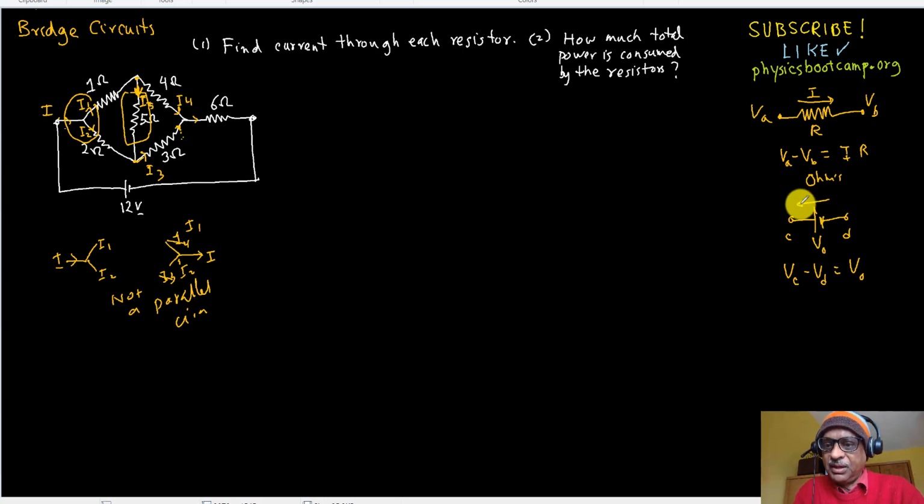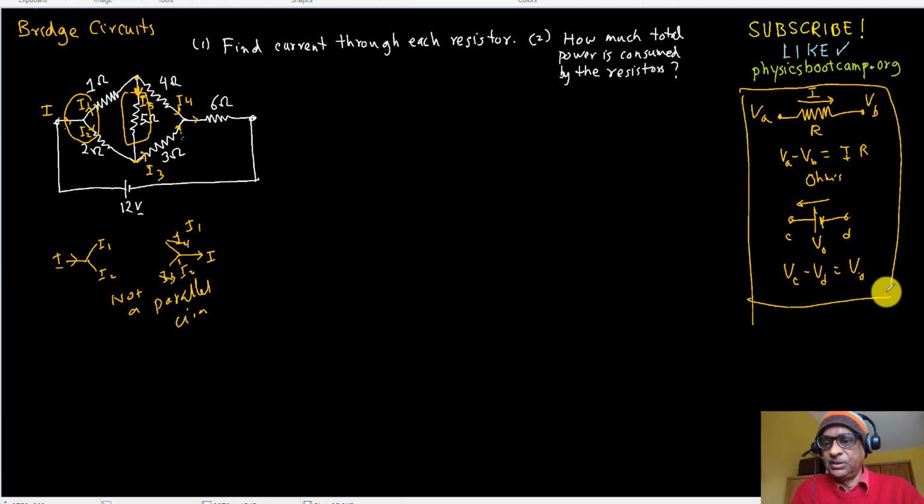Current will always flow this way inside the battery and outside through the wire, and this terminal will be at the higher voltage by convention. So if it's 12, then this will be 12. So these are the basic rules we're going to use.